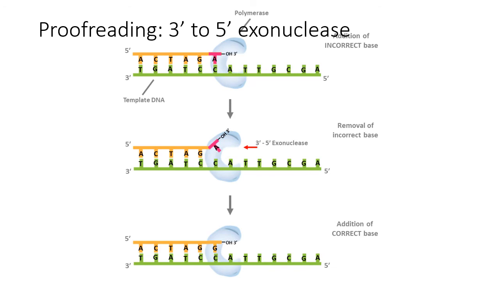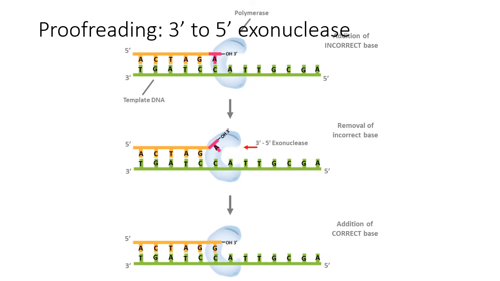But in this instance, it's made a mistake. We have a C in the template, and polymerase erroneously put in an A. So if you've got a proofreading activity, what you can do is basically undo the phosphodiester bond that you just made. So what's going to happen is the polymerase will stop and back up one step and chop that phosphodiester bond. Okay, and it's 3' to 5' exonuclease.